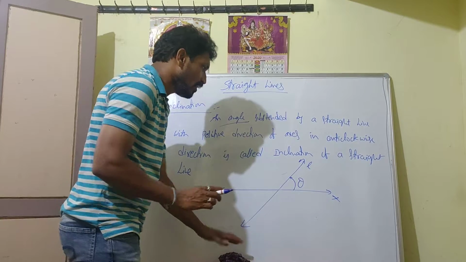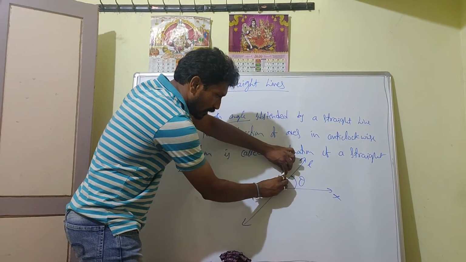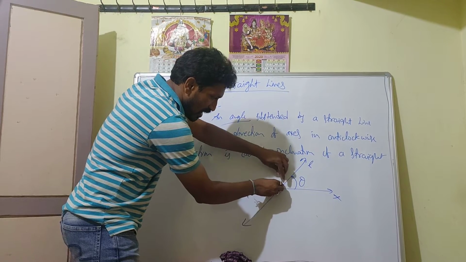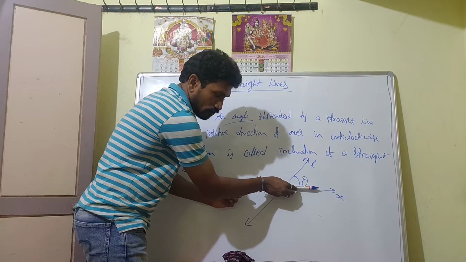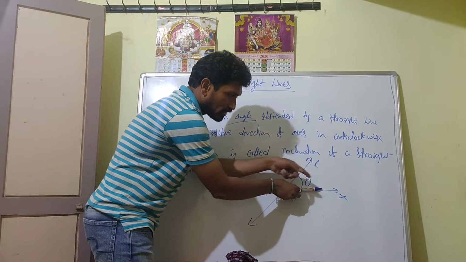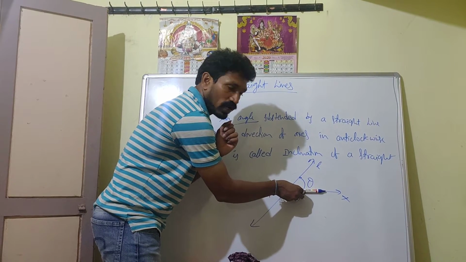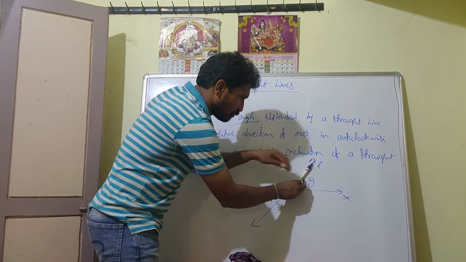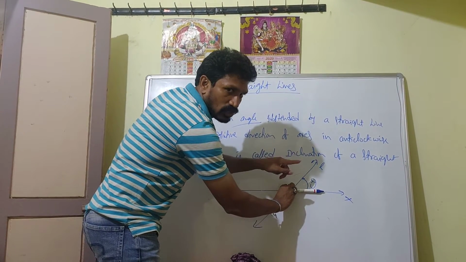So generally, if it rotates like this, at maximum it rotates like this, and again it reaches the start. Whenever the straight line coincides with the x-axis, the angle is 0 degrees. After that it moves like this, and again it comes back here, so then it is also 0 degrees.